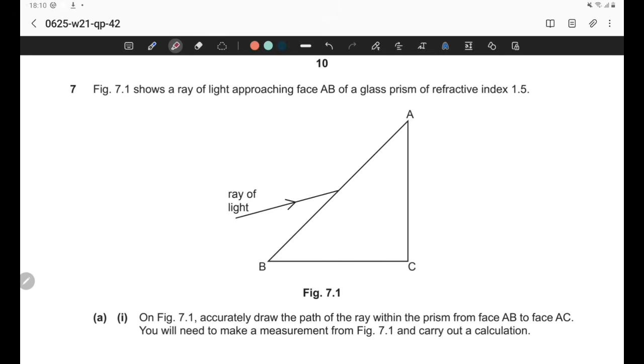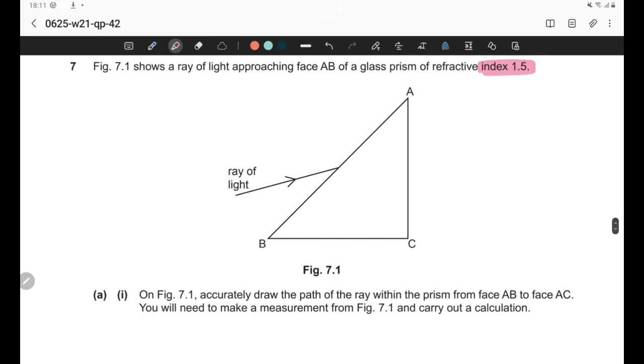Question 7, figure 7.1 shows a ray of light approaching face AB of a glass prism of refractive index 1.5. Part A. On figure 7.1, accurately draw the path of the ray within the prism from face AB to face AC. You will need to make a measurement from figure 7.1 and carry out a calculation.